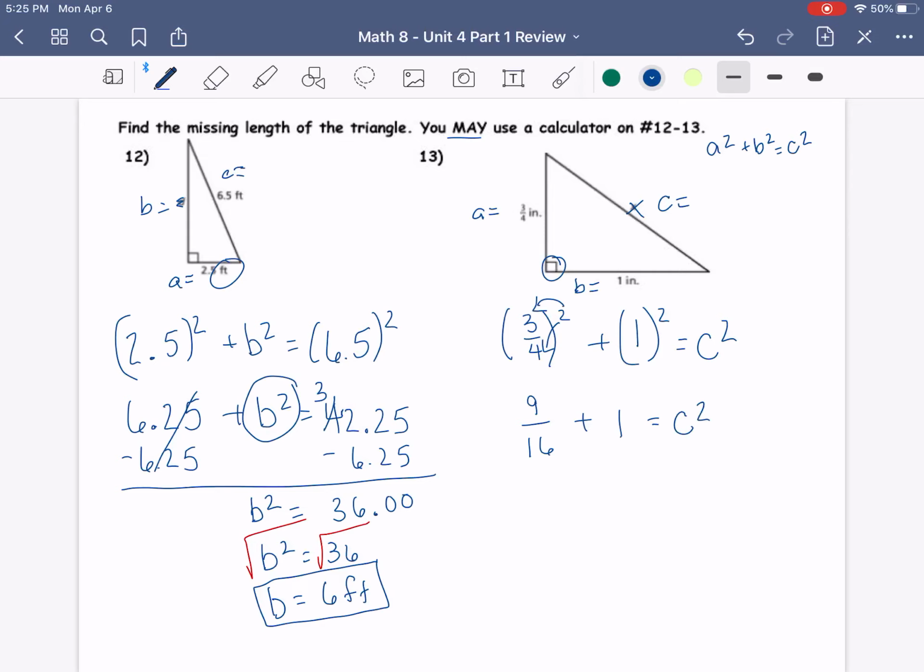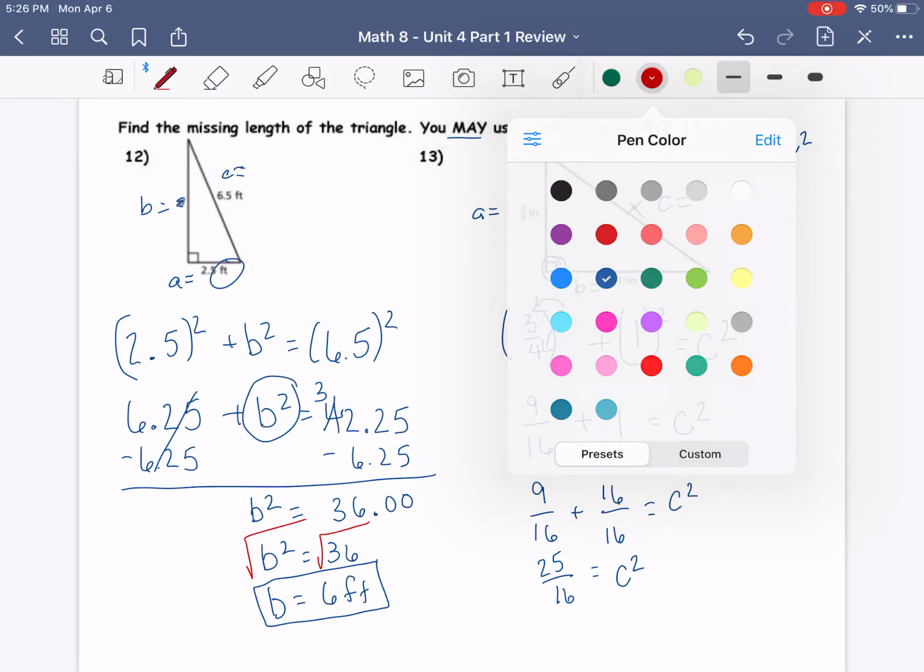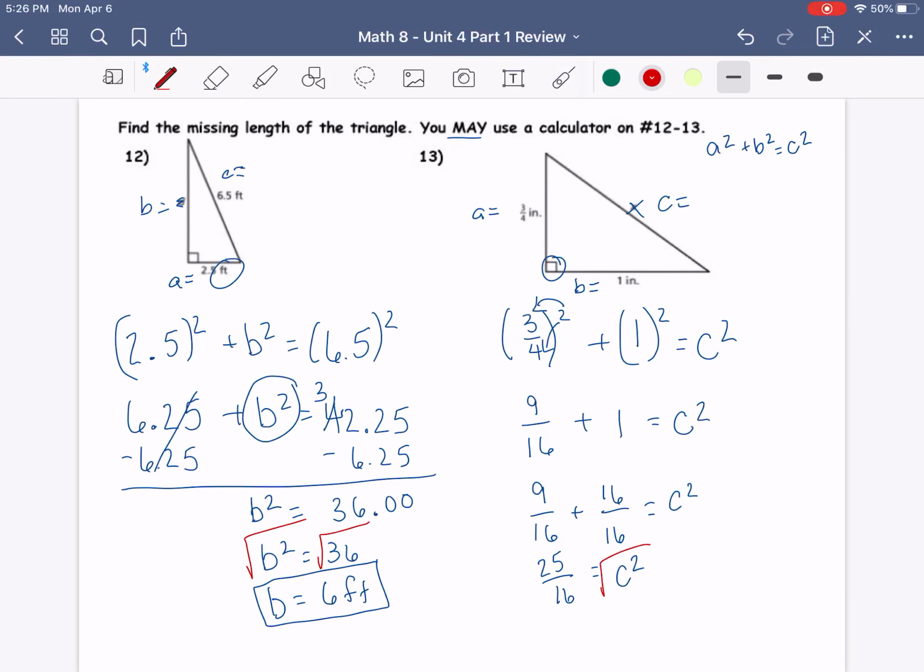Okay. And in order to add these together, I'm going to make 1 and give it the common denominator, so that would be 16/16. And then remember, the denominator stays, and then we add the numerators. Okay, now you might be freaking out. Don't freak out, because when we take the square roots, what do you notice?